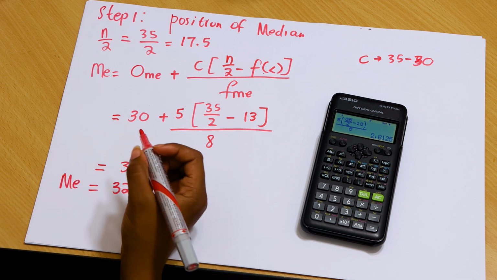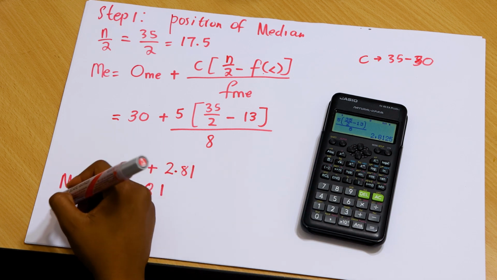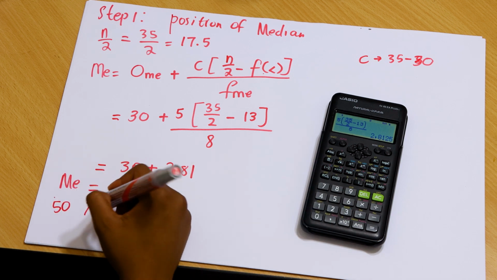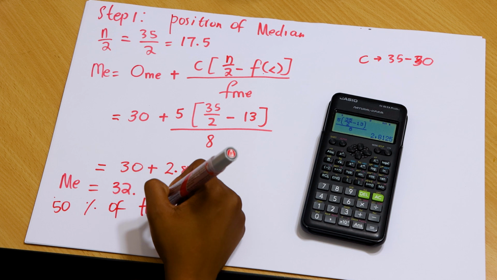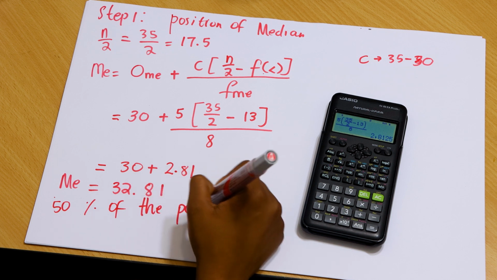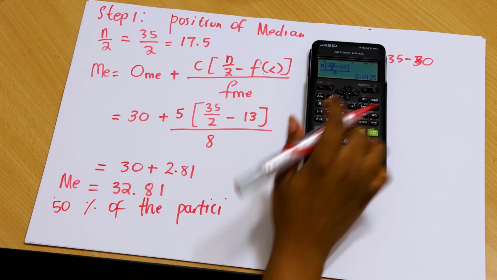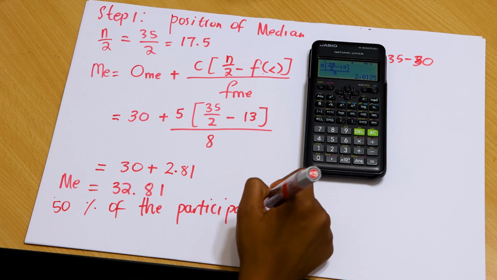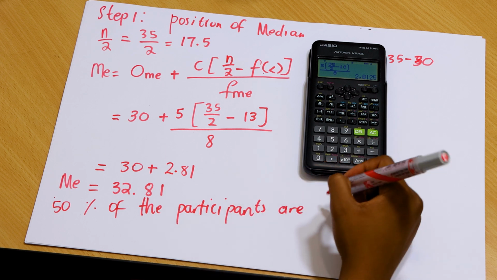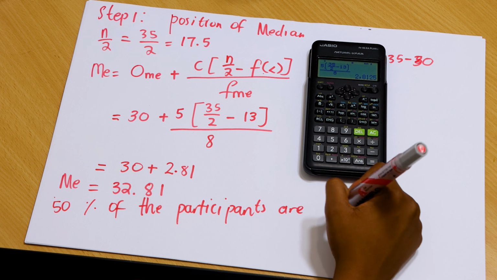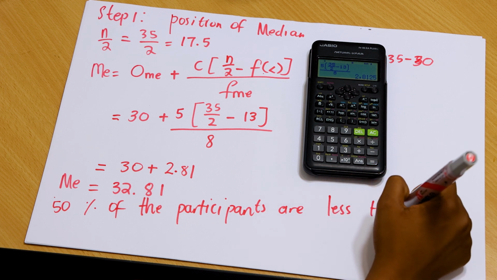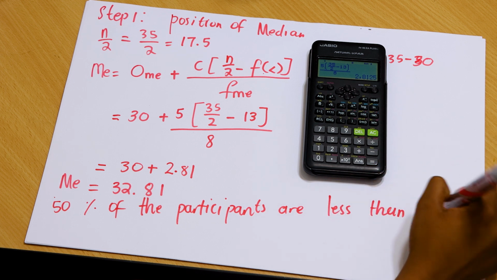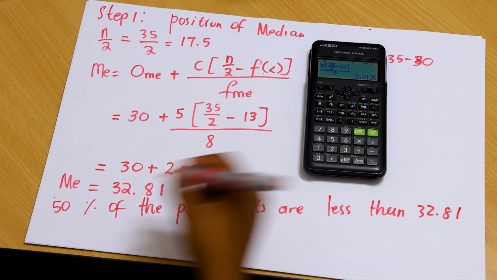And what is the interpretation? It means that 50% of the participants are less than 32.81 years old.